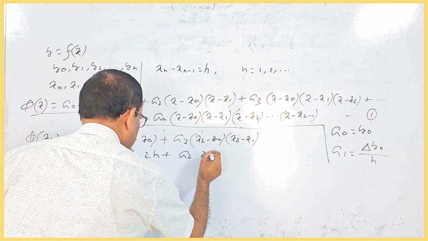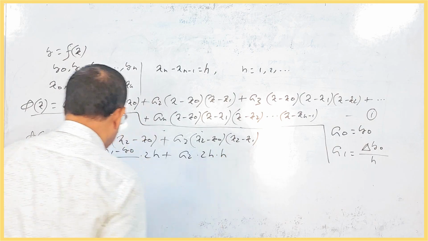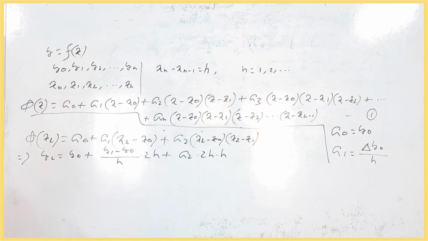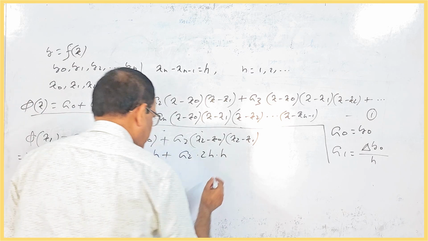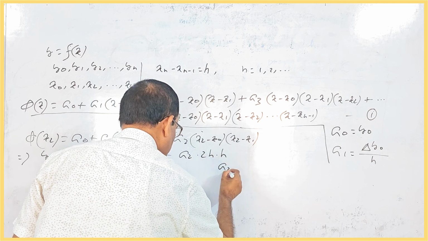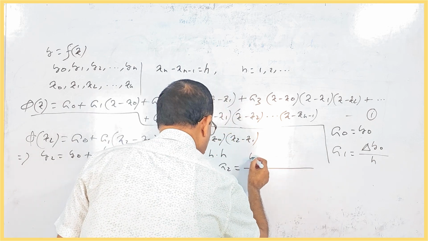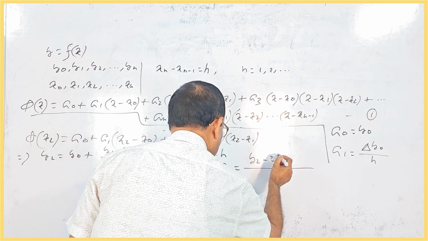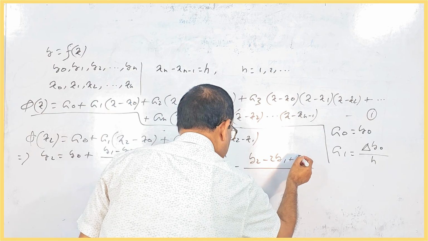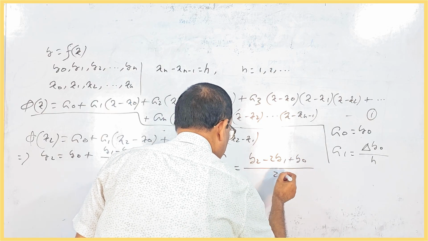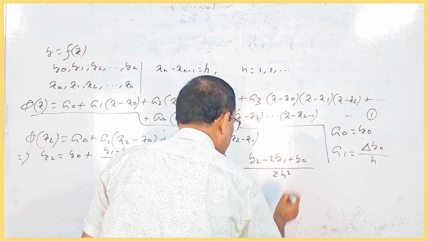So this is twice h and then h. Now you see that h and h will be cancelled. Now I can simplify it. So on simplification, we will get A2 equal to y2 minus 2y1 plus y0 divided by 2h square.